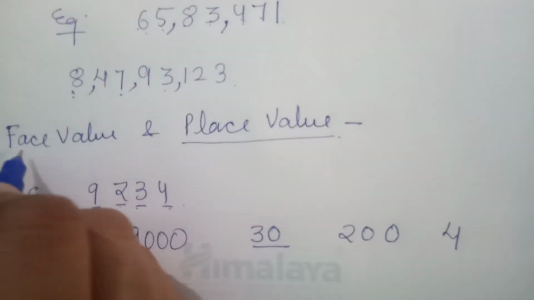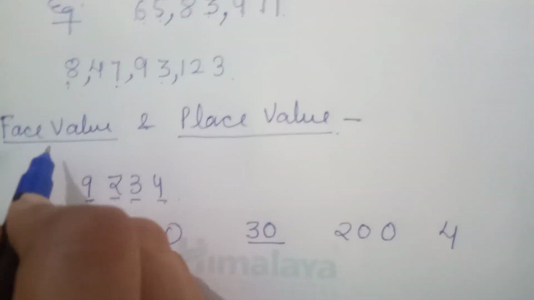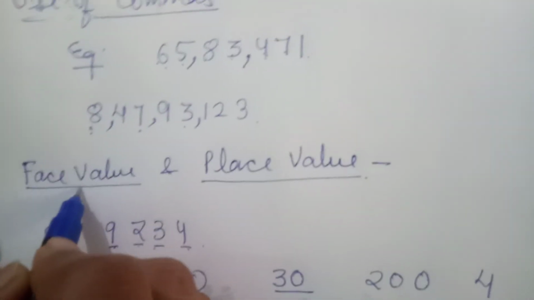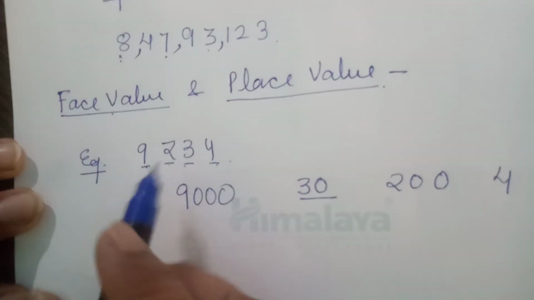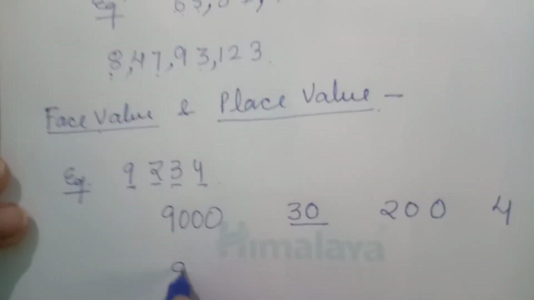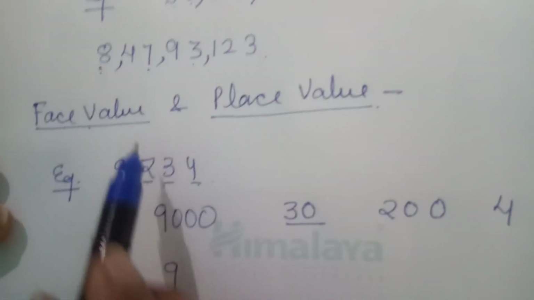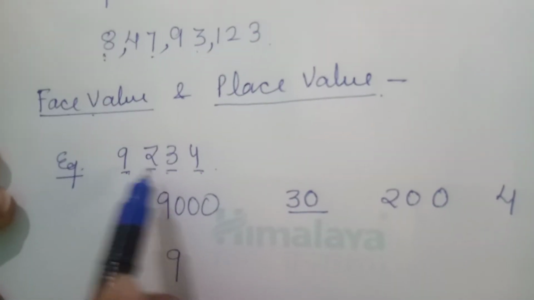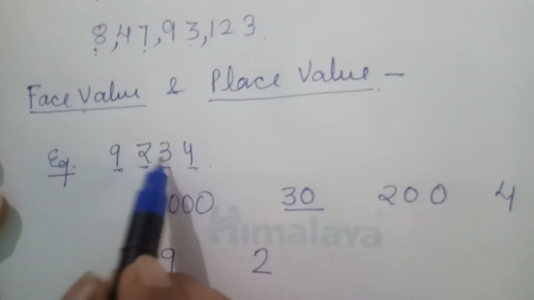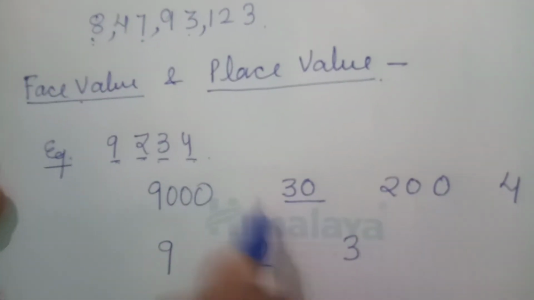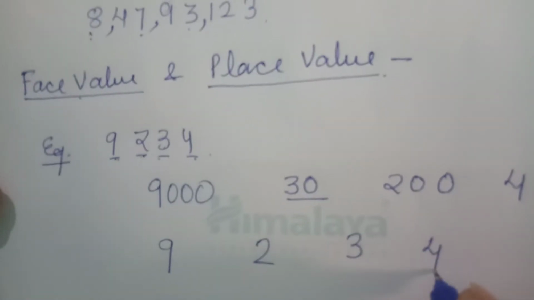And face value does not depend on the position of the digit. Like if we want the face value of 9, it will be 9 only. When we have to find the face value of 2, it is 2 only. Face value of 3 is 3, and face value of 4 is 4.